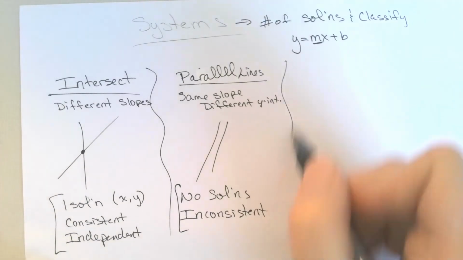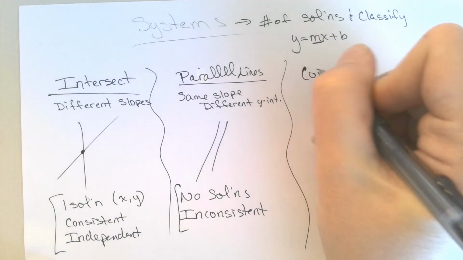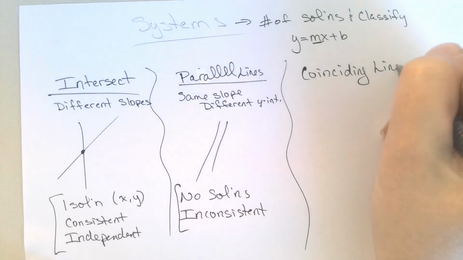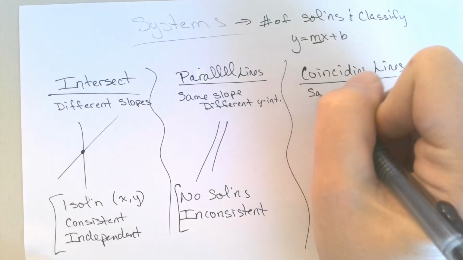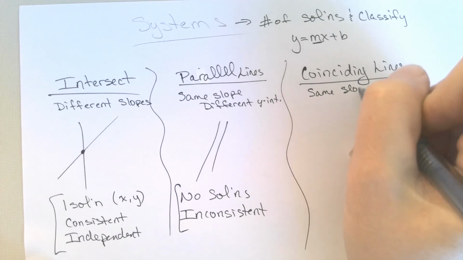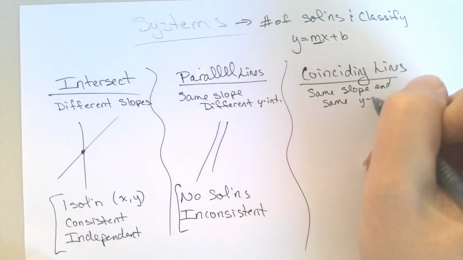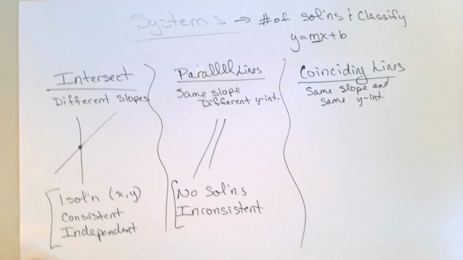All right, and the last thing that can happen is that I have coinciding lines. If I have coinciding lines, that comes from having the same slope and same y-intercept. So basically they're the same line.